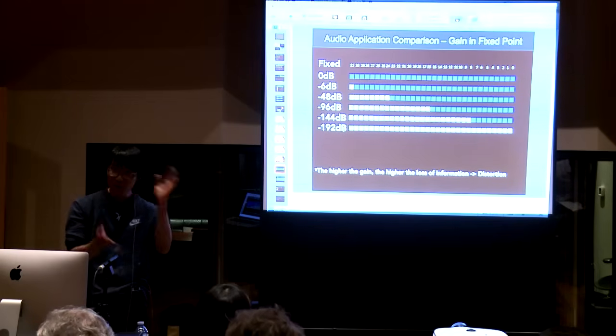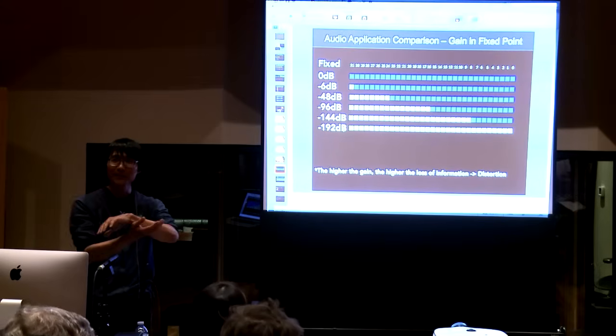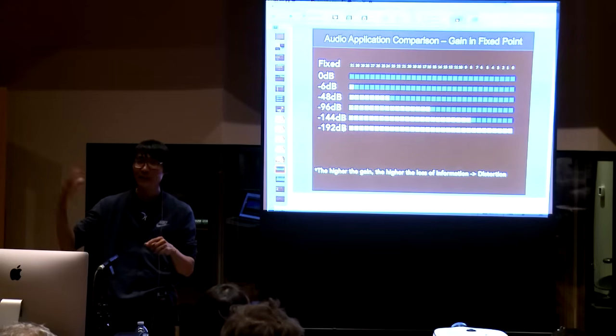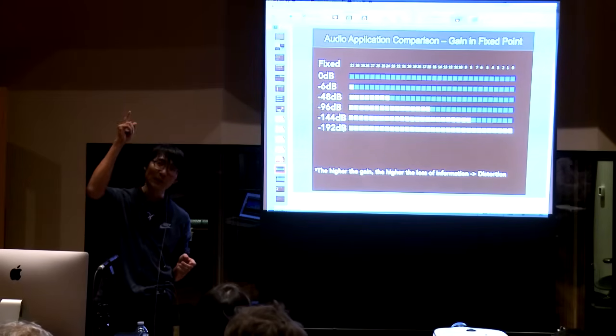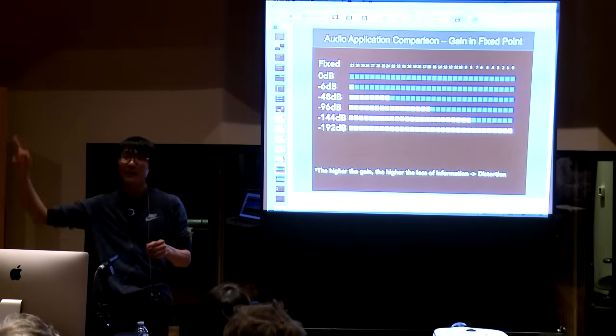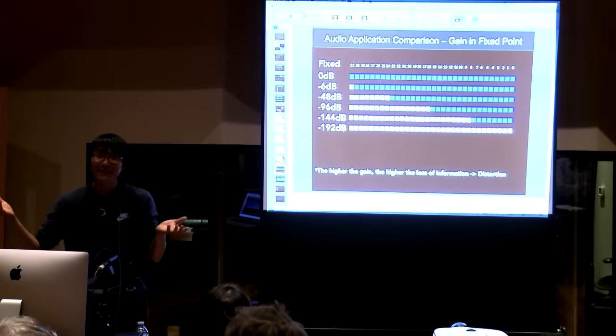But in contrast, if you give this powerful engine floating point and the user can do whatever he wants, maybe in the end he'll get some noise and distortion because he does a 192 gain, then the EQ, then something else, and then puts up another 192 gain. So maybe in the end he got more noise and distortion because he did some stupid things, right?